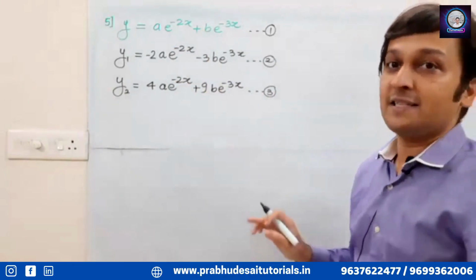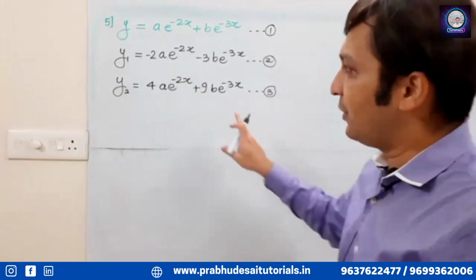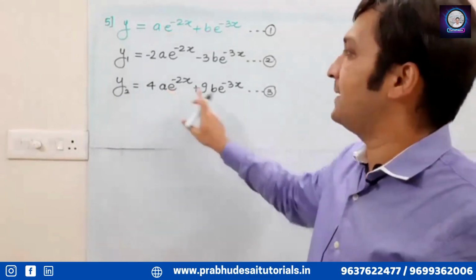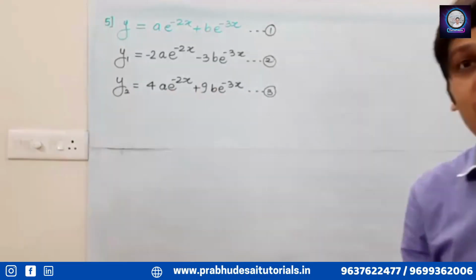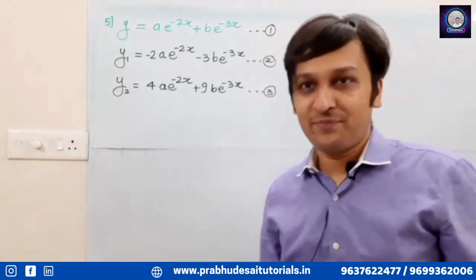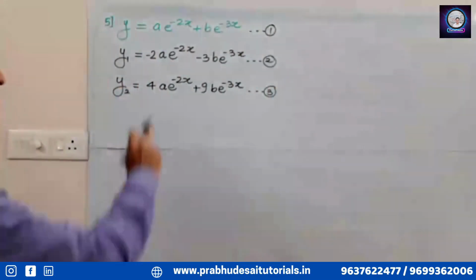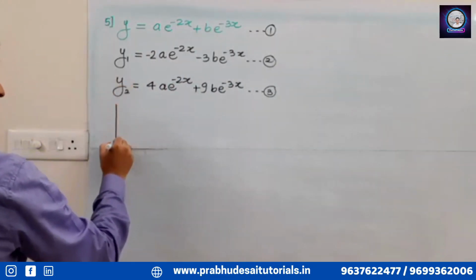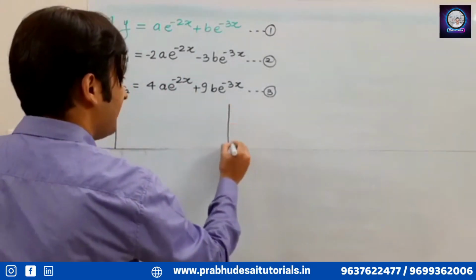Still, adjustment is not possible. Why? Because you cannot take something common or eliminate a and b directly. In that case, we'll use the consistency of equations, if you remember. In consistency of 3 equations, we can form a determinant, and this determinant is equal to 0.